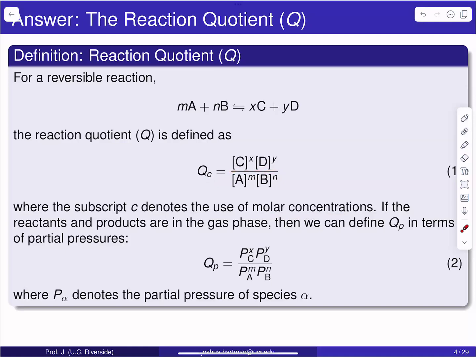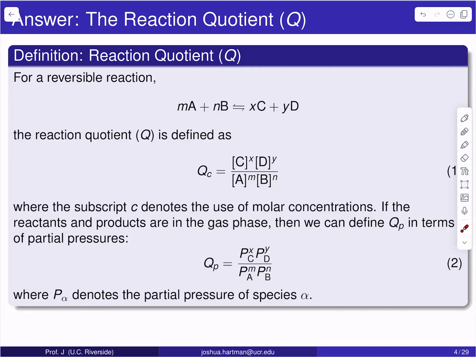Again, going back to our analogy of the folks that are on the shore and in the water, we set up this little ratio. We are defining a ratio of concentration of products, specifically C and D in this case, over concentration of reactants, A and B in this case, where each one of those concentration terms is raised to the power given by its stoichiometric coefficient.